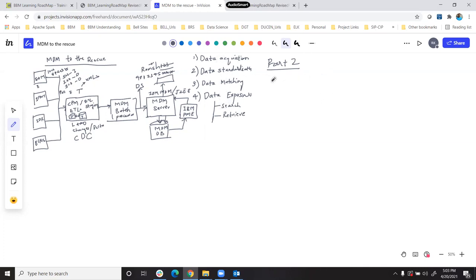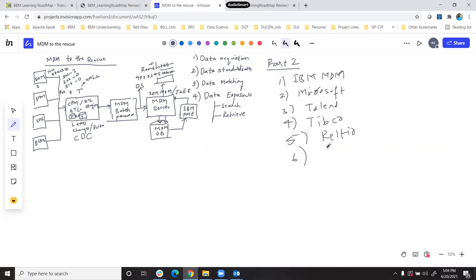It's not just IBM MDM, right? There are so many players in the market. IBM MDM is what we are using. Then there is Microsoft MDM. Microsoft is another player. There is Talend, TIBCO. There is something called Reltio, which is very famous in the health market.